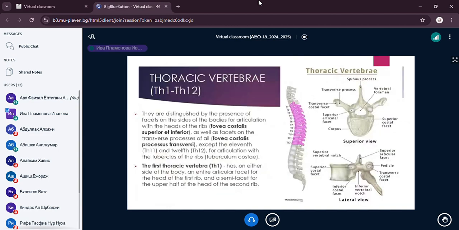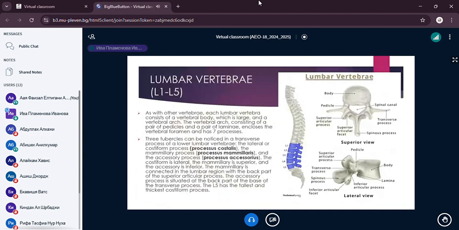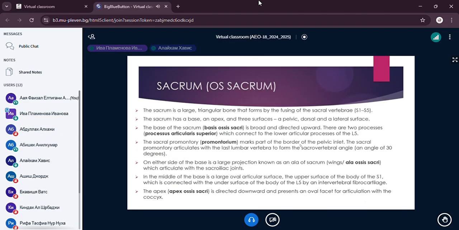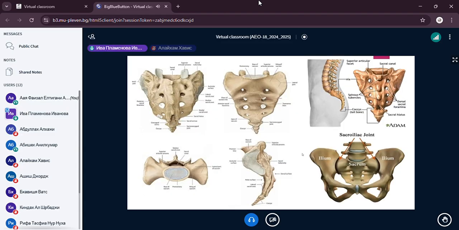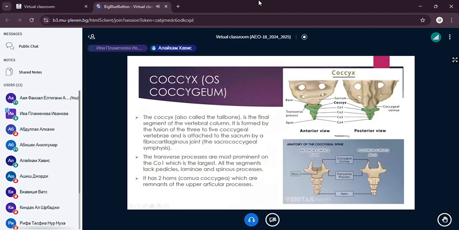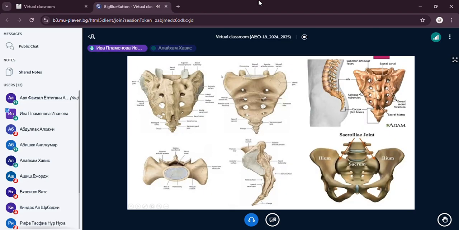Questions? Not anymore. What do you remember for the sacrum? With the base at the top, the wings on both sides.